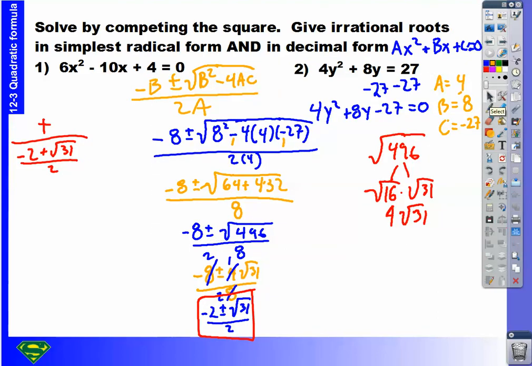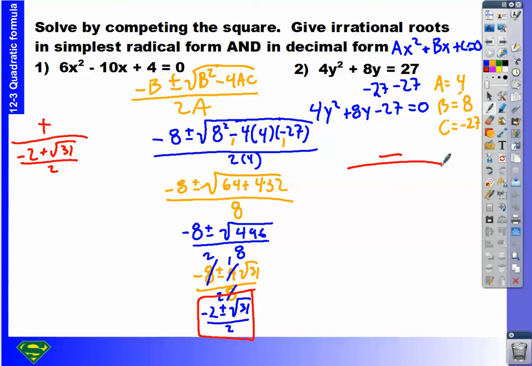It's freaking out. Alright, well, we're just going to erase it then. Alright, so then in negative world, we have negative 2 minus the square root of 31 over 2.